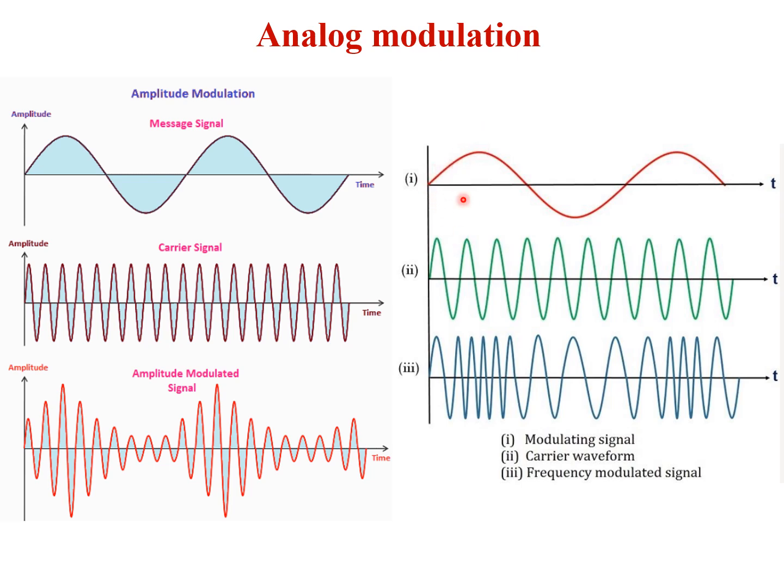As the amplitude increases, the frequency increases, so the time period will be less. As the amplitude decreases, the frequency decreases, so the time period will be higher. Again the frequency increases and the time period reduces.